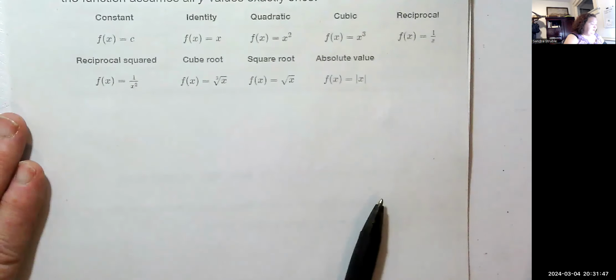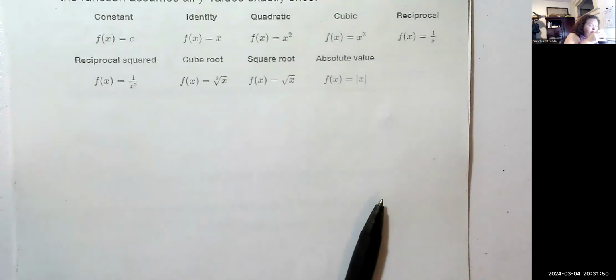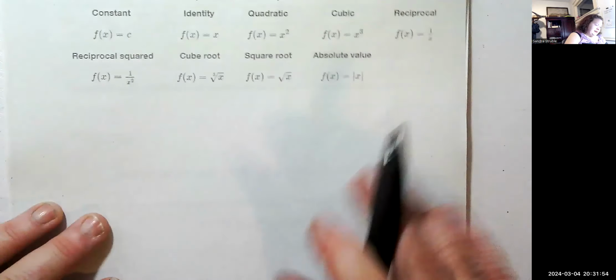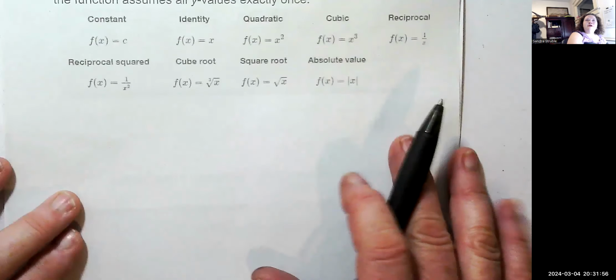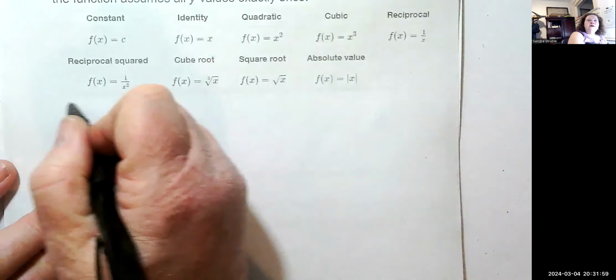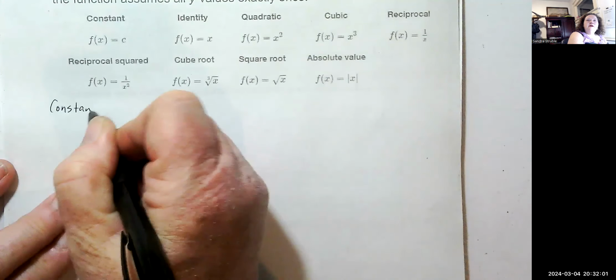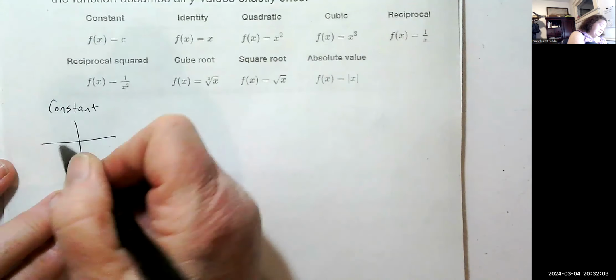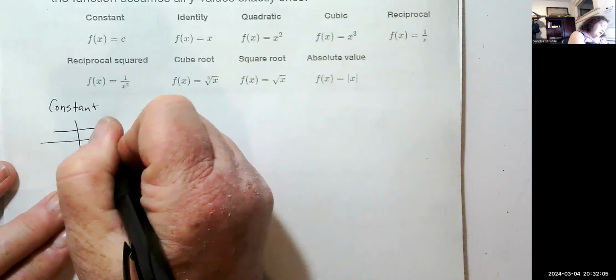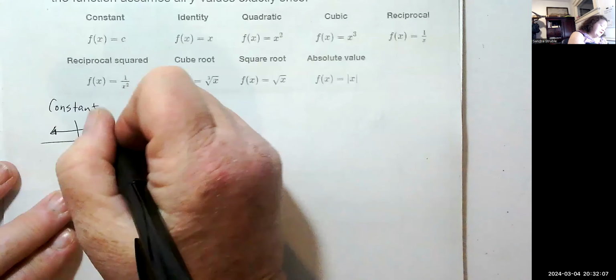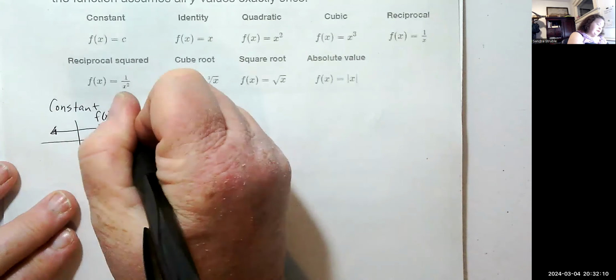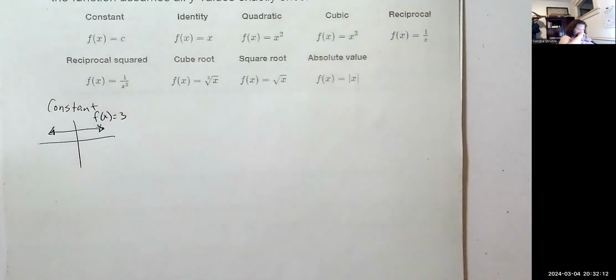All right. So let's see what each of these look like. The constant function, an example would be right here. Let's just say this is f of x is equal to 3. It's not one-to-one, right? Because it's a function.